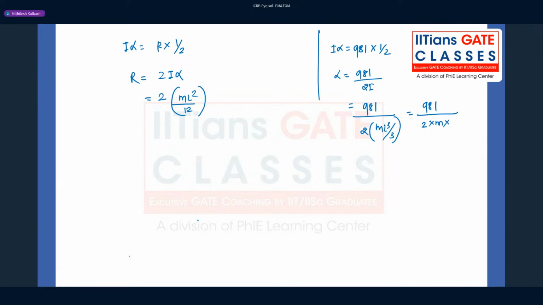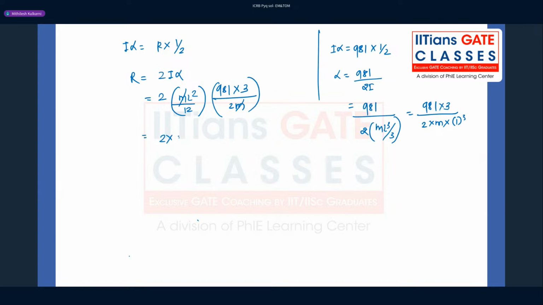And yeah, 3 goes in the numerator. L is 1, so it is 1 cube. Now if you put it in this equation, it is 981 into 3 divided by 2m. This m will get cancelled out. L square means 1 square.